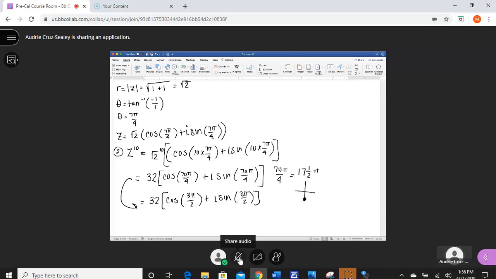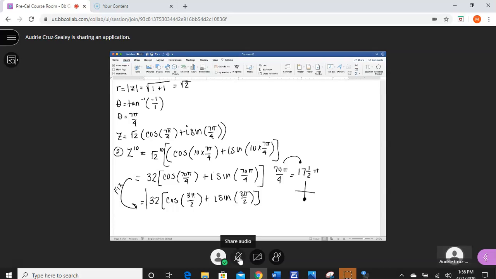But if they tell you in the instructions that your angle has to be between 0 and 2 pi, this is what I mean that you have to fix it, because 70 pi over 4 is not between 0 and 2 pi. So you have to change it to a mixed number, and then figure out where you are on the unit circle within 0 and 2 pi. It would be the same thing. Is that okay? And then this would be the answer.